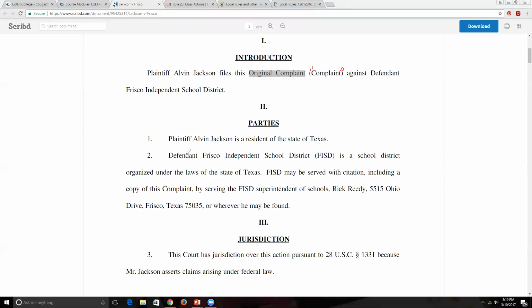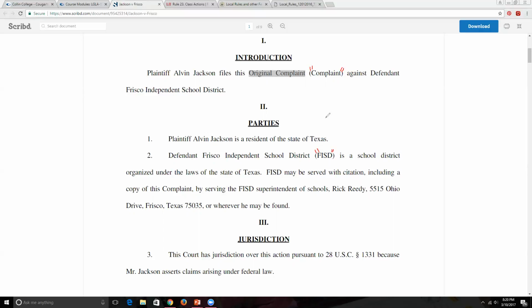We'll see down here as we get to this next paragraph that we have another definition. We have defendant Frisco Independent School District, which they've defined as FISD. Now let's say that in this lawsuit at some point they talk about the Forney Independent School District. Well, it's probably referred to commonly as FISD in Forney, Texas, right? Makes sense.